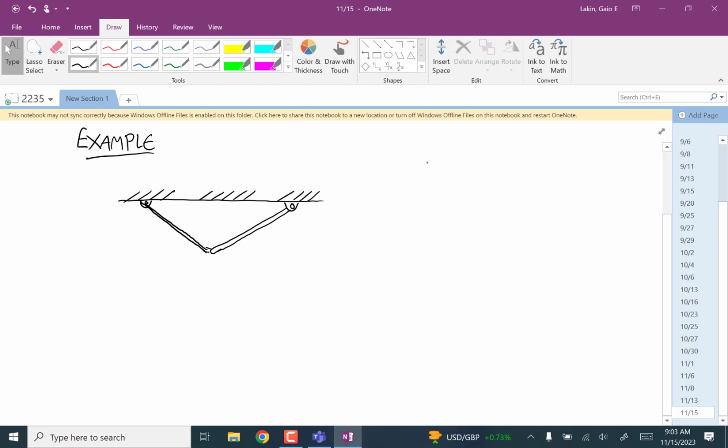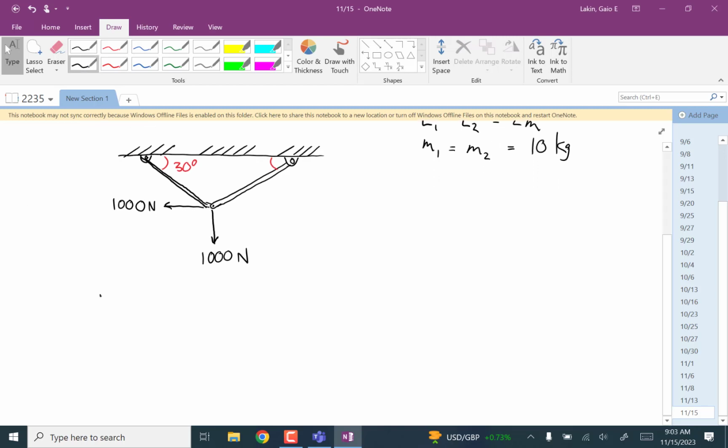And each of the lengths are 2 meters. And the masses are each 10 kilograms. And applied at the pin here, we have 1,000 Newton force down and 1,000 Newton force to the left. And these two angles are 30 degrees.